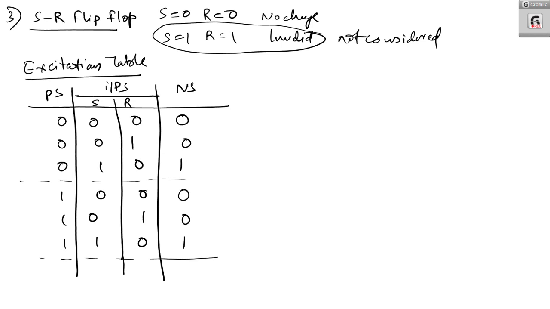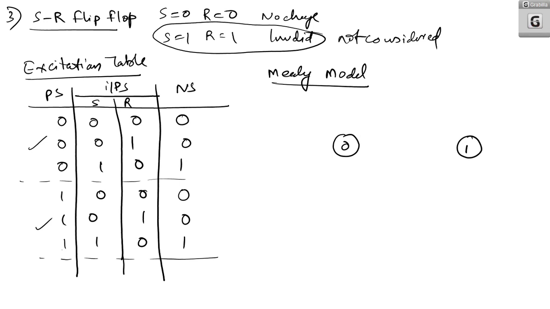Now coming into the Mealy model. Okay. Here I am having two states. Which are the two states? 0 and 1. 0 is a state and 1 is a state.